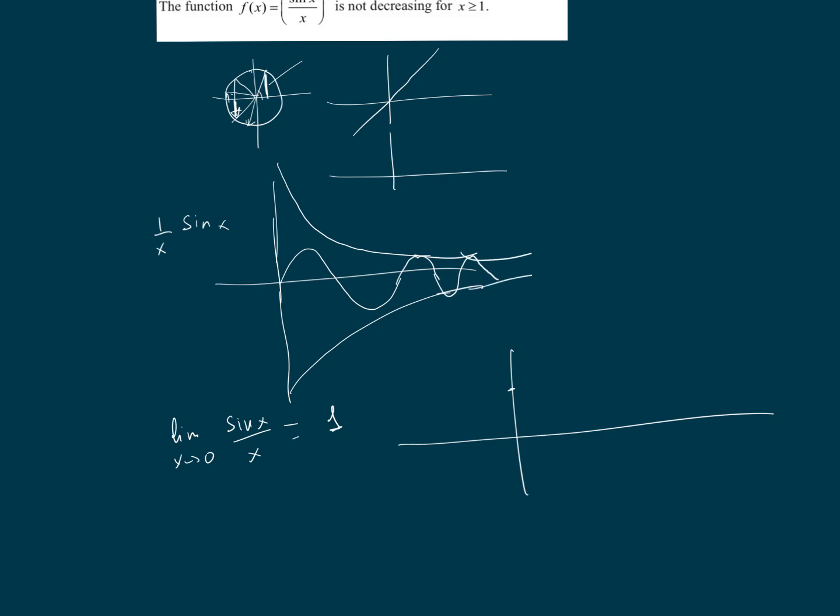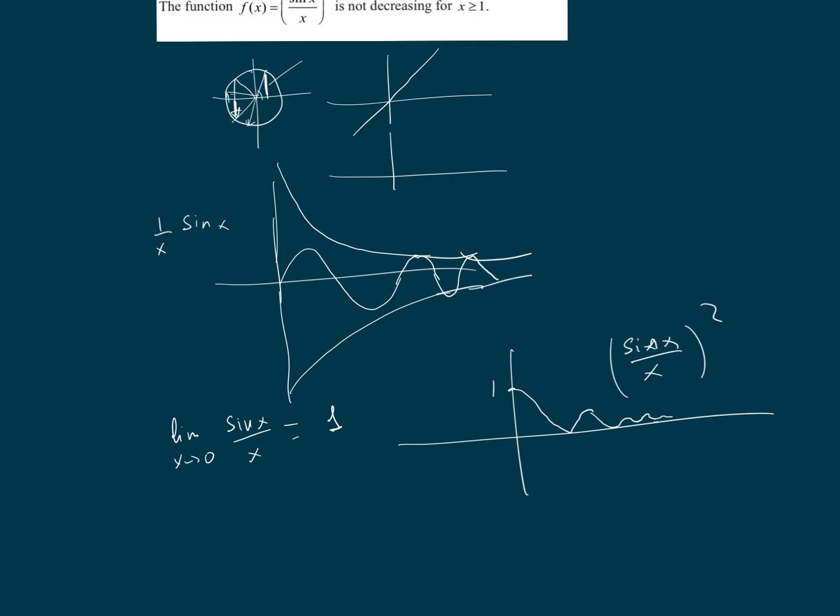This oscillation will go like this. Sine of x divided by x starts at 1, and later on will go like this. This is the function sine of x divided by x squared. Check it in a graphing calculator to see if it's true.